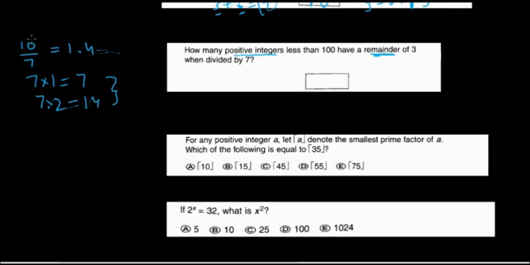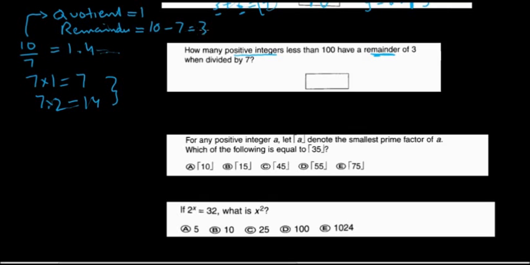So in this division, my quotient is 1 and my remainder, so remainder is when something does not divide completely, what's left is called remainder. So remainder here is actually 10 minus the last multiple before 10, which is 7, so 3.